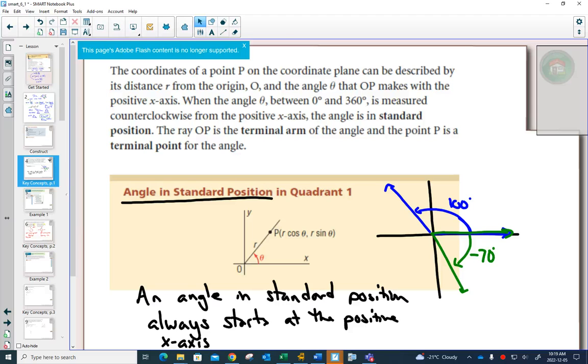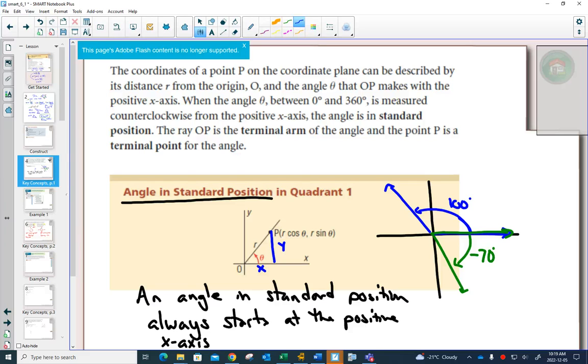And then here, what they've done in the diagram is they've put a point, and if you would draw a straight line down from that point, you would get an x-coordinate and a y-coordinate. And what they've done is they've rewritten the coordinates with cos and sine.